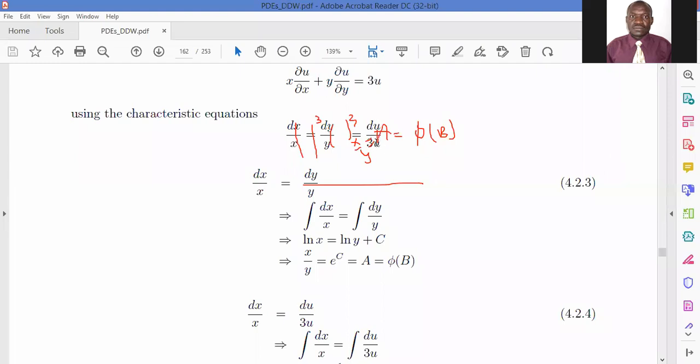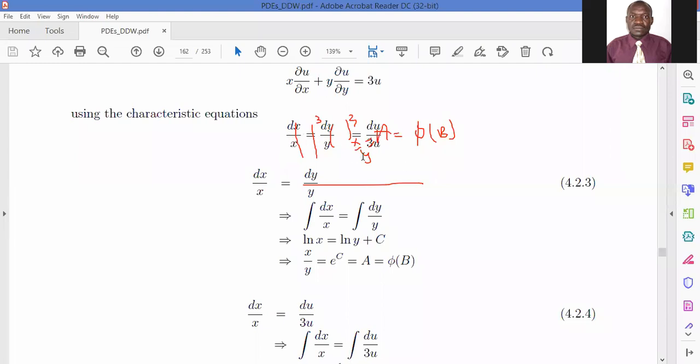But remember, this is what was reduced from the original PDE. So this reduction, given that it emanates from the PDE, that we have as x times du over dx and y times du over dy, which is 3u, there must be a function that links these three together.